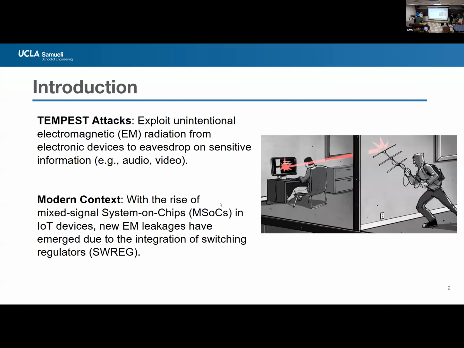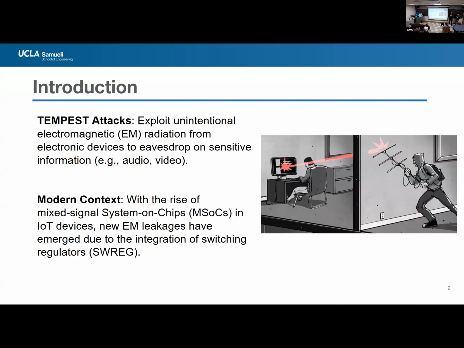So first, what is a TEMPEST attack? From the traditional concept, it is attackers taking advantage of unintentional electromagnetic radiation from electronic devices to eavesdrop on sensitive information, for example, audio and video.